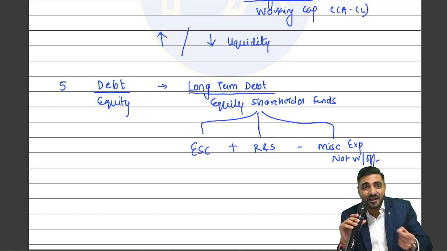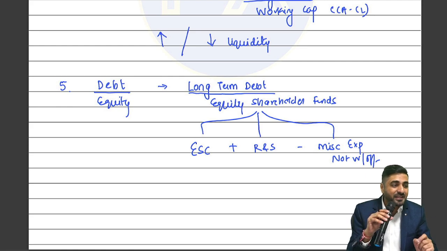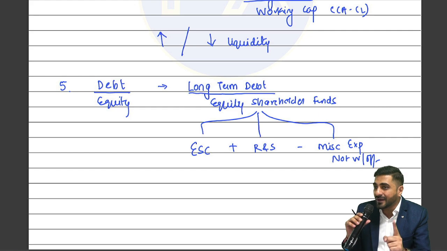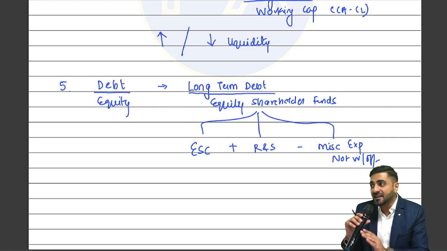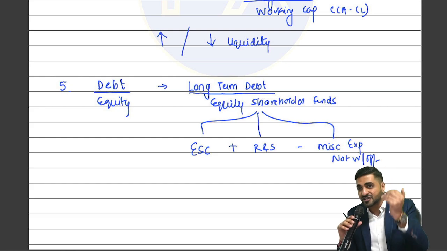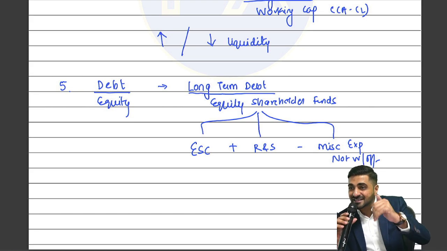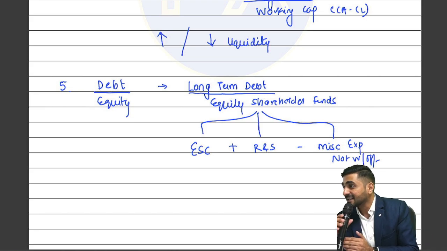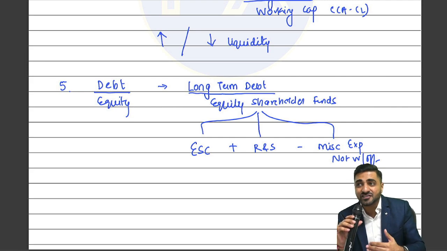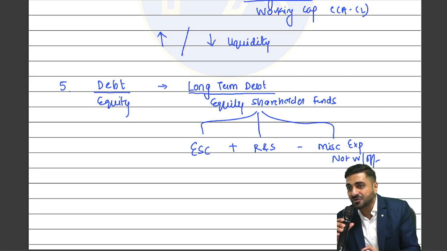So one of the ways to measure the financial risk in the company is with the help of a debt equity ratio. Okay? And you'll be amazed to know that in finance, there are many ways to measure the financial risk. One is debt equity ratio. One is capital gearing ratio.